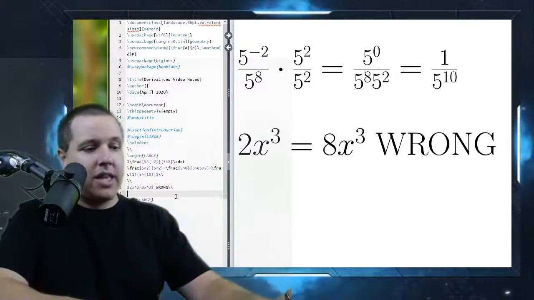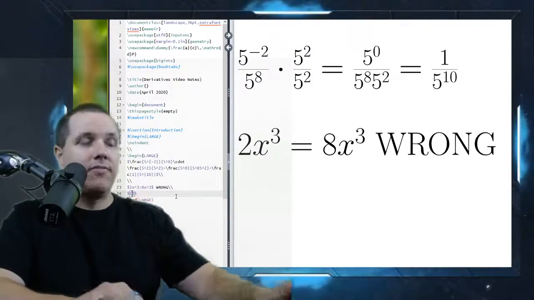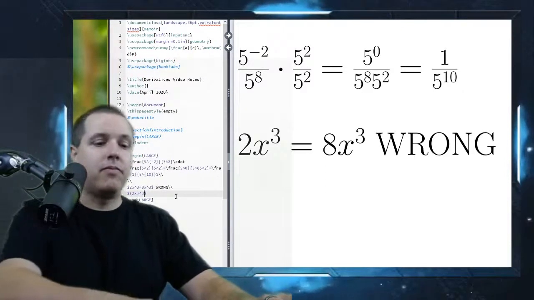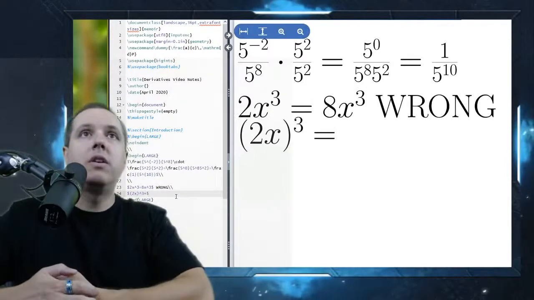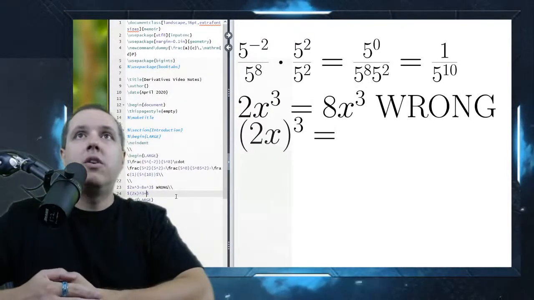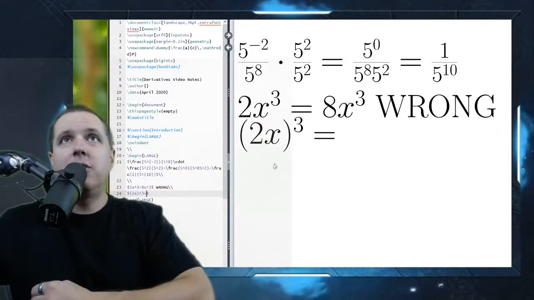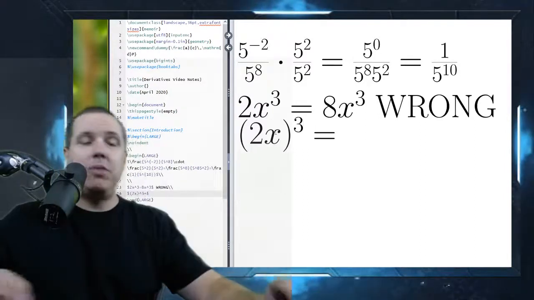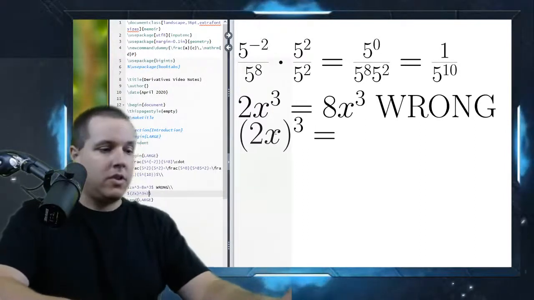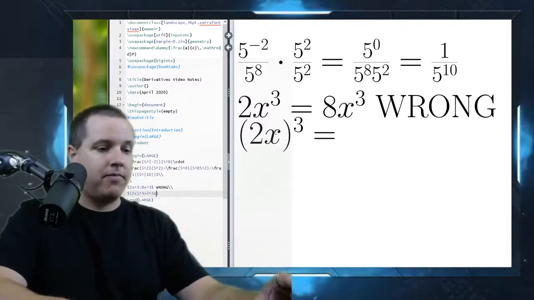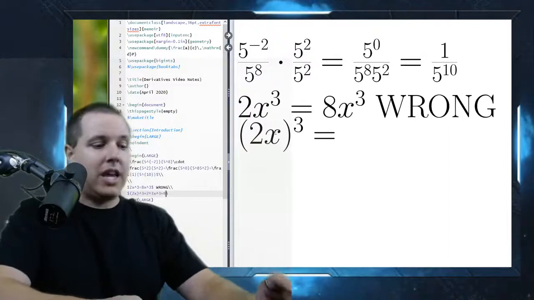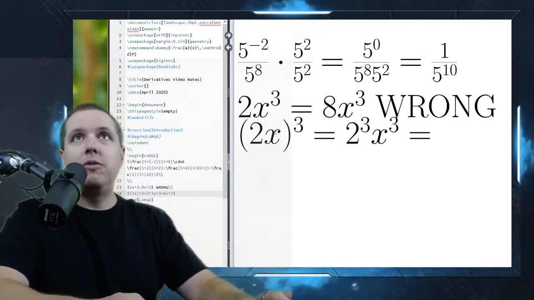When you're thinking about it that way, it should look like this. (2x) cubed. Okay, in this case, because there's the parentheses, everything in the parentheses is being raised to the third power. In this case, yes, this would become 2 cubed x cubed, which then equals 8x cubed.